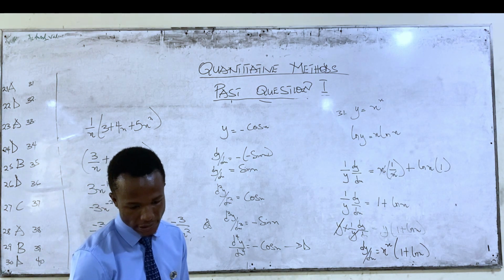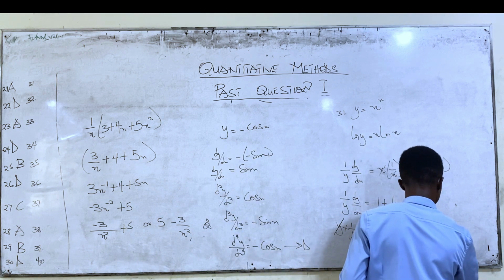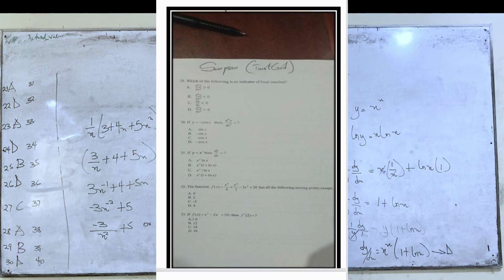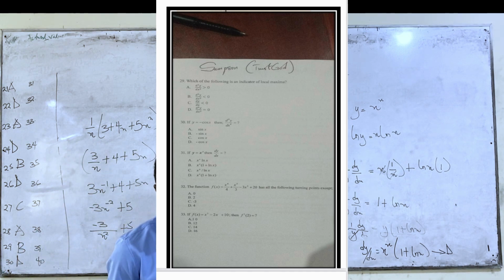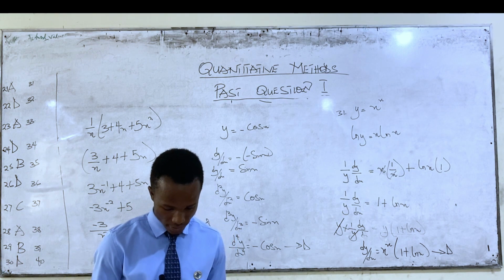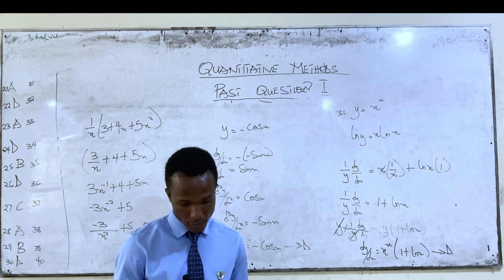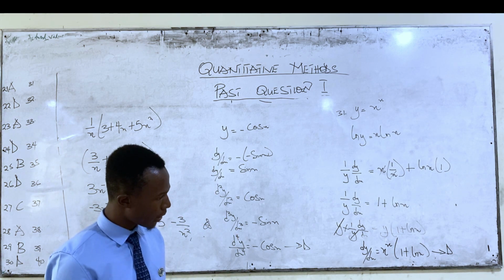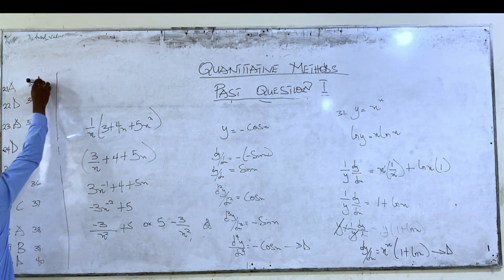Now x exponent x times 1 plus ln x is option D. So now that we have option D as our answer for question number 31, let me check it very well. Yes, that is option D for question number 31.